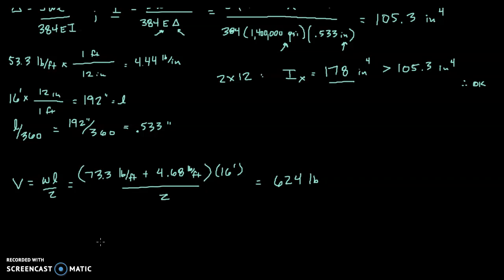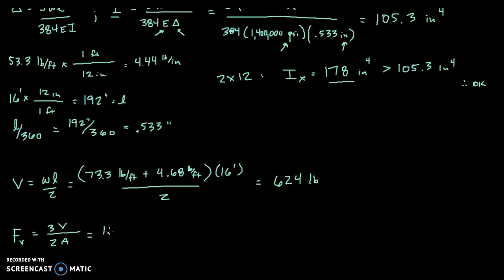So how much shear force can this chosen beam resist? Well, if you go back to our chapter where we talked about shear, we had the formula for a rectangular cross section, that the shear stress is equal to 3 over 2 the shear force divided by area, or 3 over 2 is 1.5.